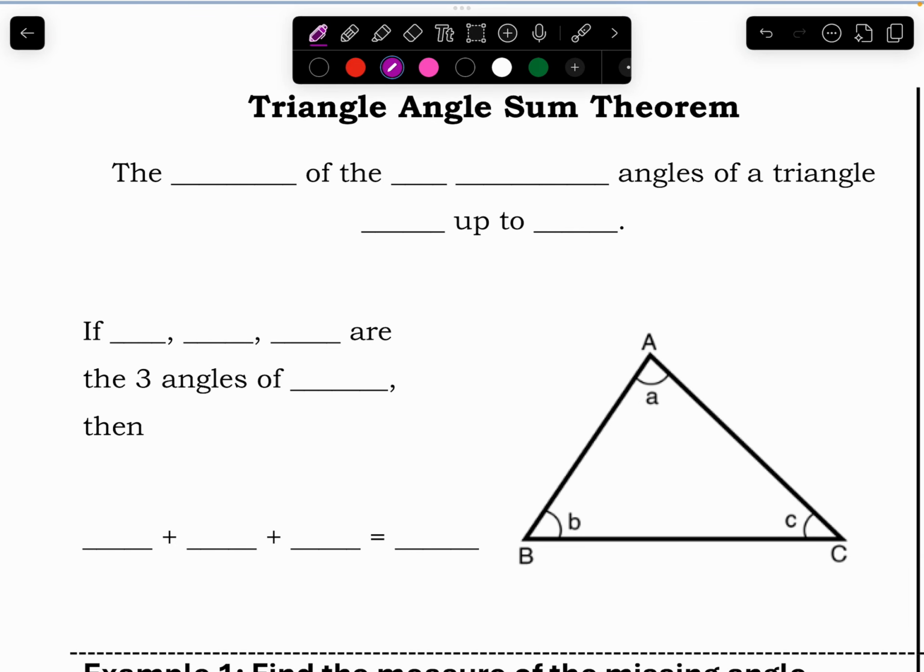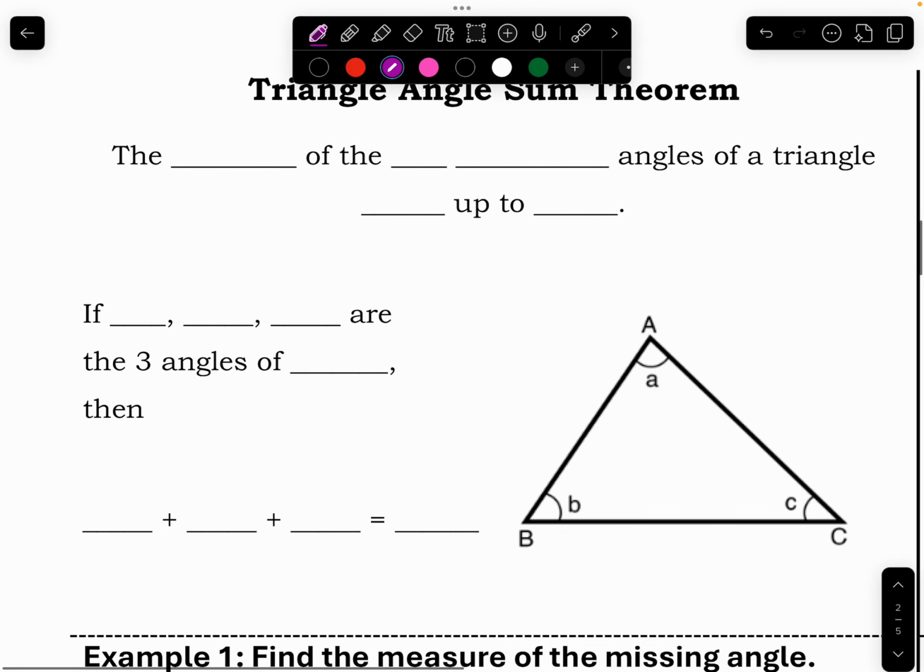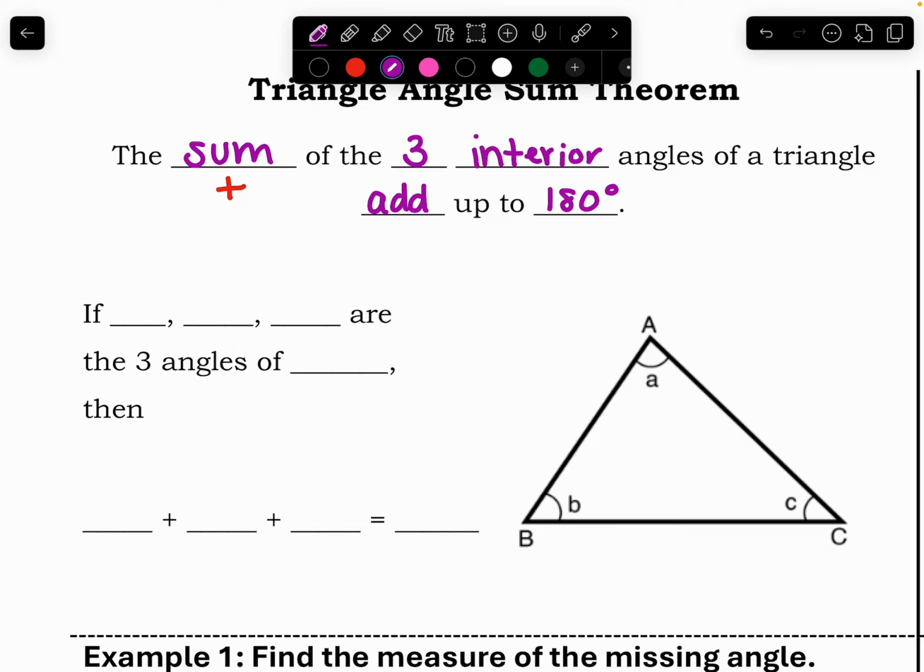Alright, so triangle angle sum theorem. Again, I just proved to you why they add up to 180. So for this one, it would be the sum of, so remember, sum means adding. The sum of the 3 interior angles, we should all know what interior means by now, inside, interior angles of a triangle add up to 180 degrees.